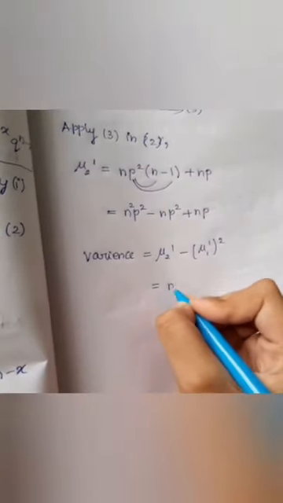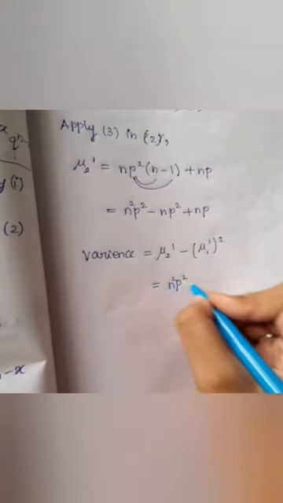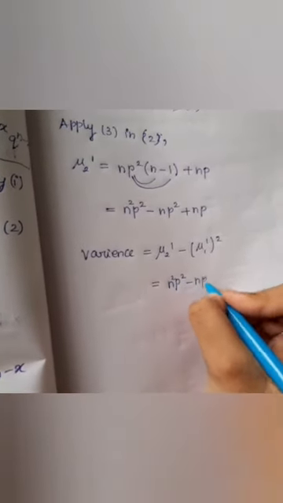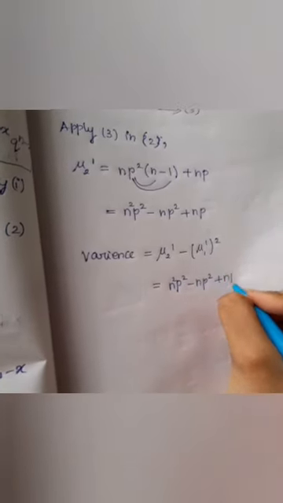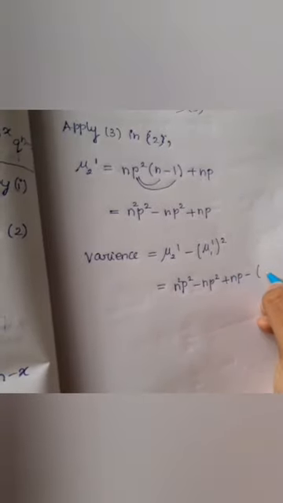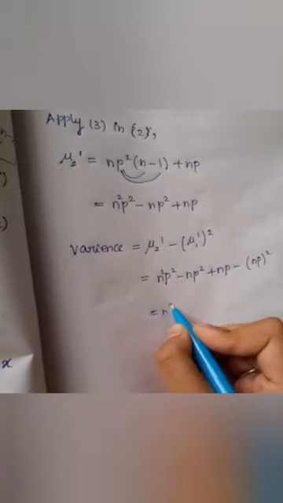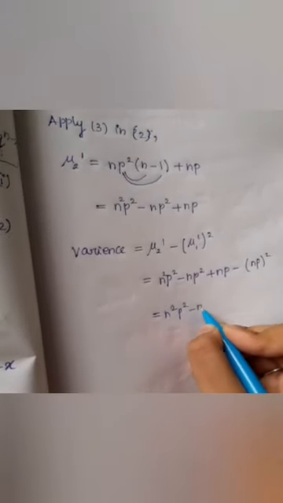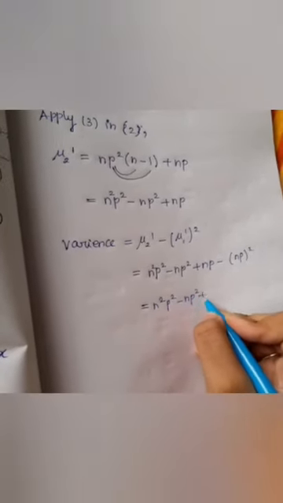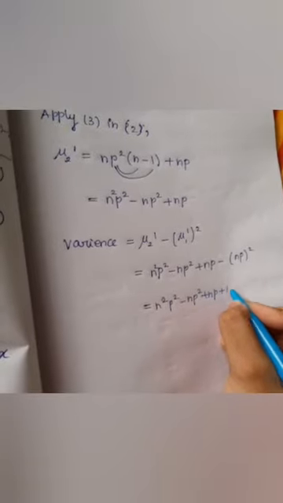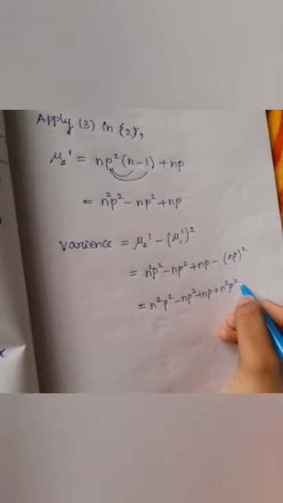So when we apply, mu2 dash is equal to n square p square minus np square plus np, minus np the whole square. The np the whole square is n square p square.